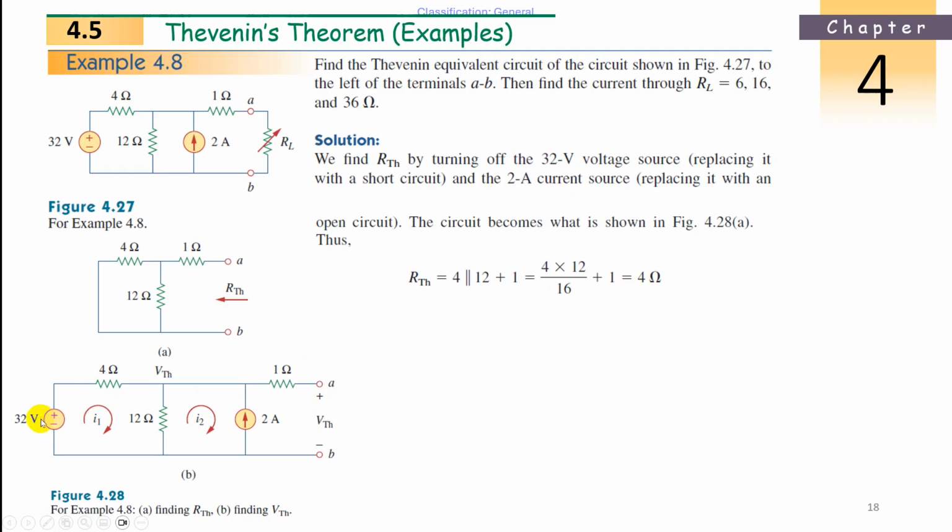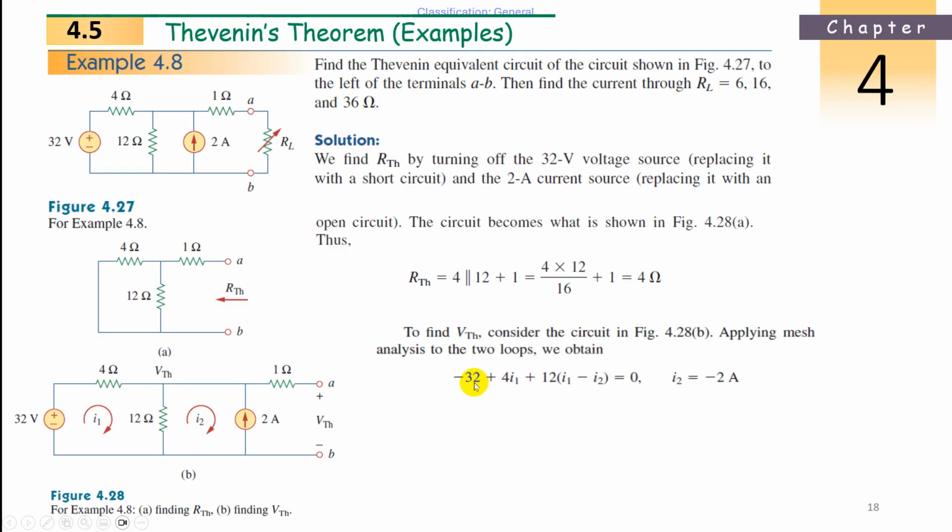Now, if you write the first loop equation, what is happening? Minus 32, and the total resistance due to I1 is 16, plus 16 I1. The other current is in 12, that is minus 12 I2. Just check: minus 32 plus 4 I1 plus 12 (I1 minus I2) is equal to 0. And what is I2 here in the second loop?